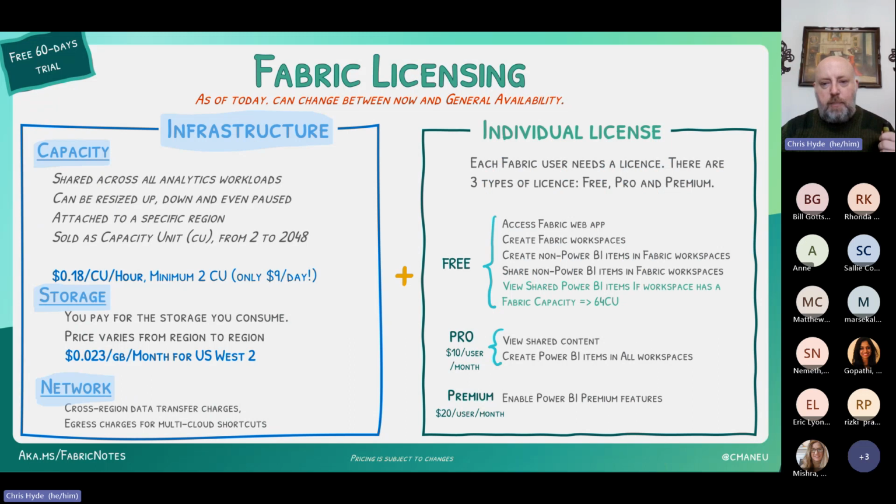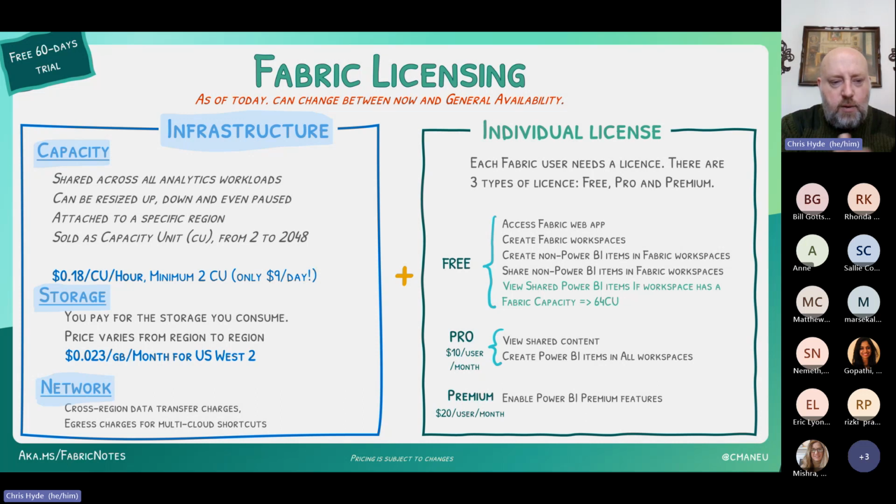So let's talk about the cost. Everyone wants to know this. First off, we've separated our compute and our storage, so we're going to pay for them separately. Our storage, and these prices can vary from region to region, but this is a pretty standard one.